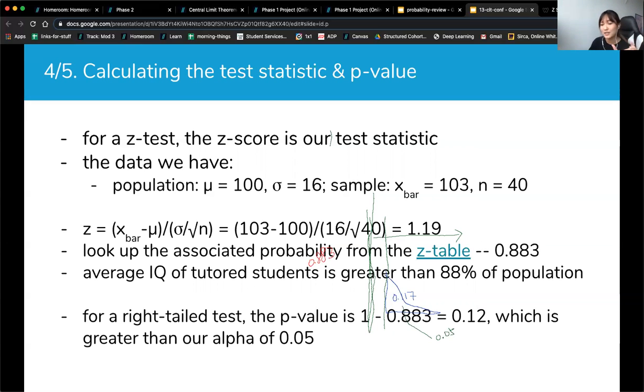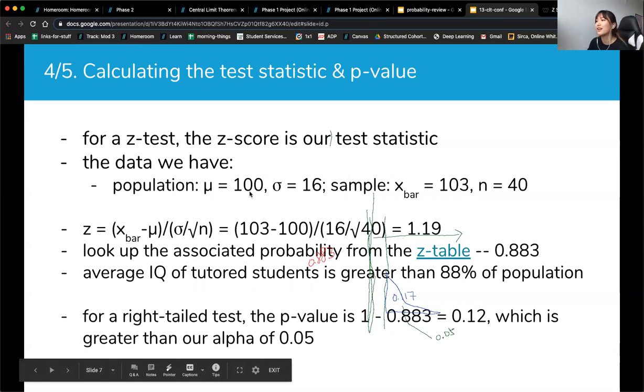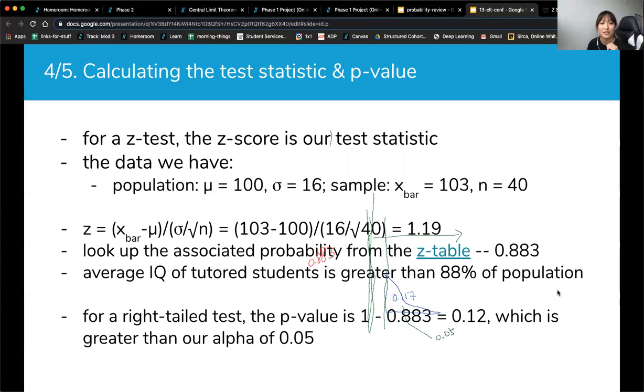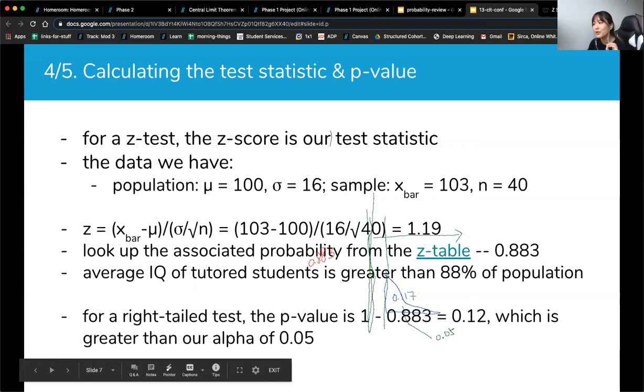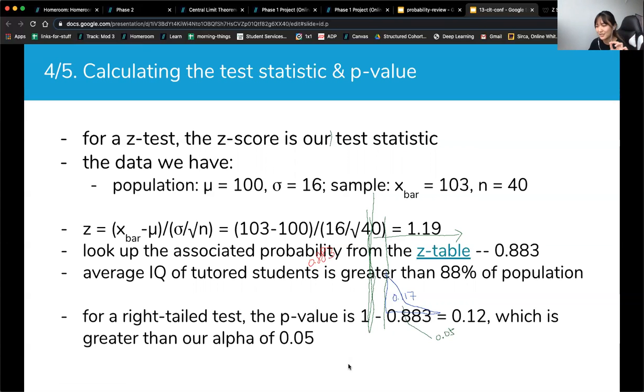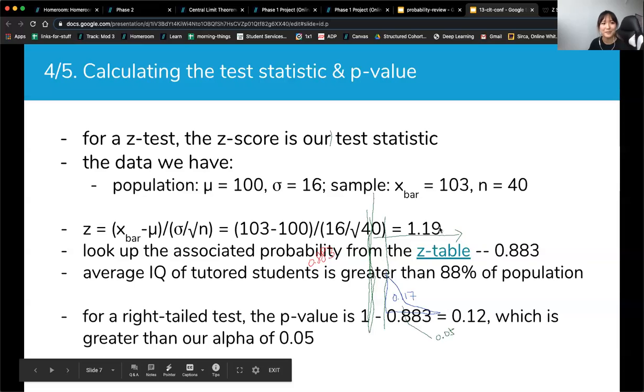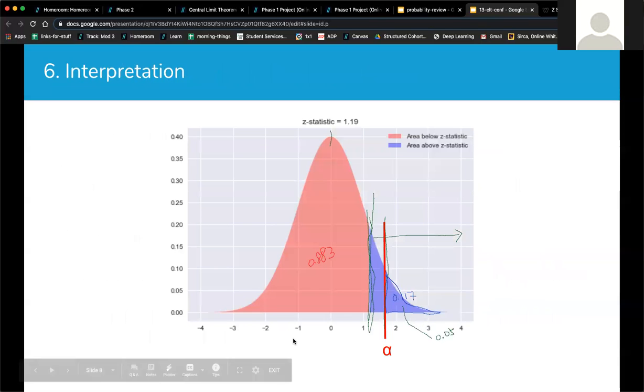And to have one standard deviation, you would have to have an IQ of 116 to be one standard deviation above the mean. But because we're comparing a group of people, we reduce that standard deviation. That's right. Also, it would be more than 67% because that's just within the standard deviations. You also have the ones which are lower than the standard deviation on the left.